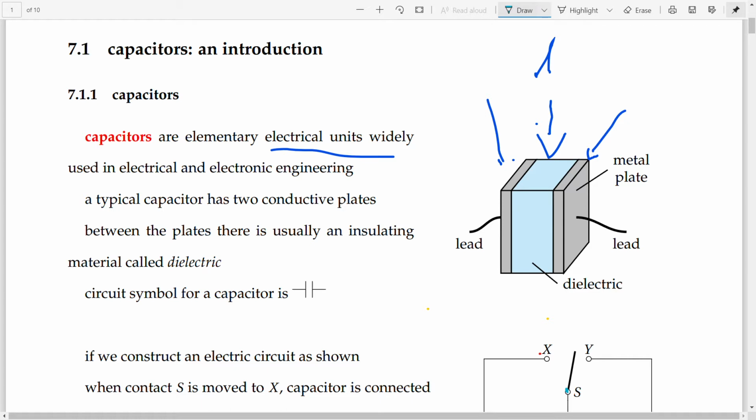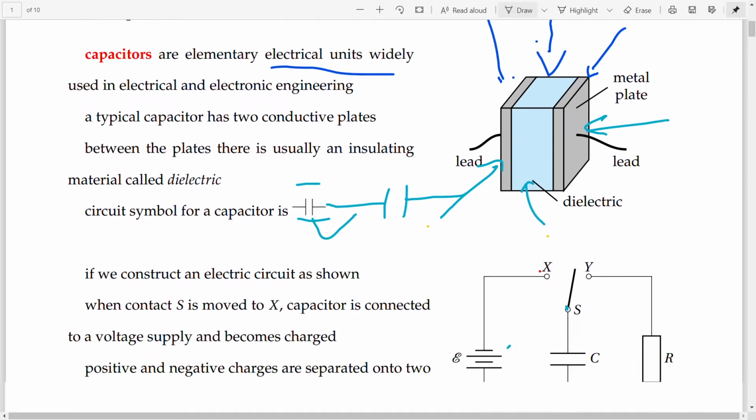A typical capacitor has two conductive plates. Between the plates, there is a dielectric. The symbol of a capacitor is two parallel lines, two connecting lines.